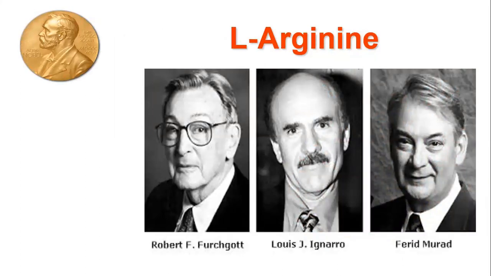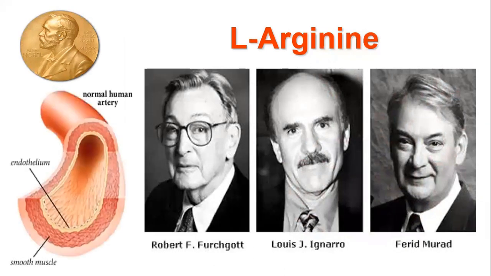And as I shared with you earlier, the 1998 Nobel Prize in Medicine was awarded to 3 American researchers for, again, discovering how your endothelium converts the amino acid L-arginine into nitric oxide, the master signaling molecule of your entire cardiovascular system.